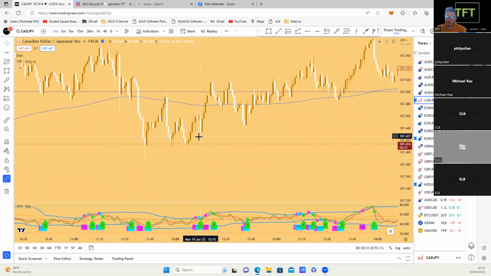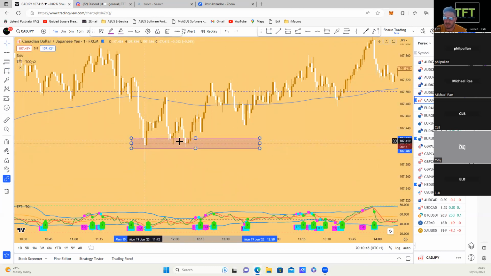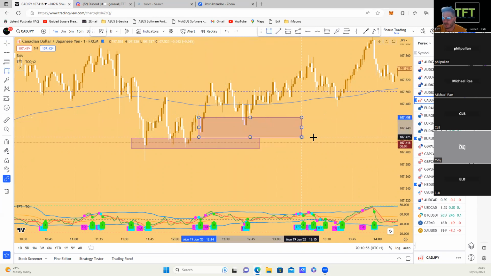But you'll see how price always goes into the order blocks. So you can see here, this is your last down candle before the up move. You've got that there, and price is hitting it, and then you get a reaction off. Then it pulls back down. This is the last down candle before the up move. So once again, it's done it there. It's hit that candle, and then it's gone up.